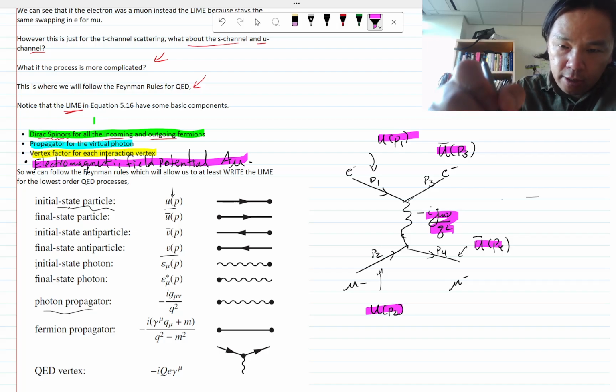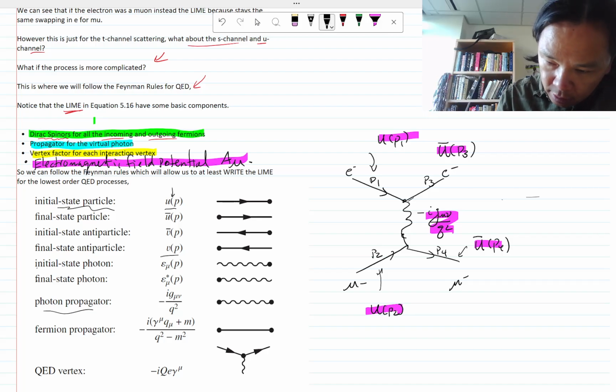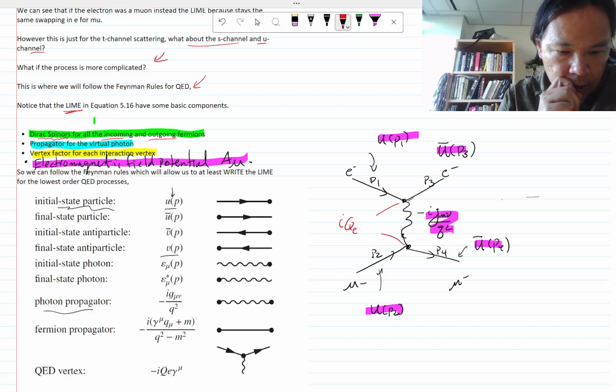And each vertex contributes i, the charge of whatever particle we're dealing with, the sign of the charge, q sub Q, and then e, the elementary charge.